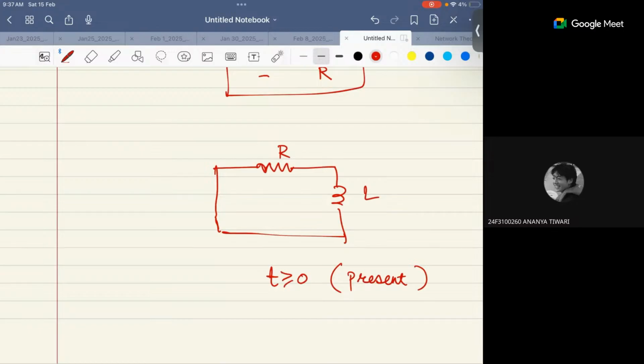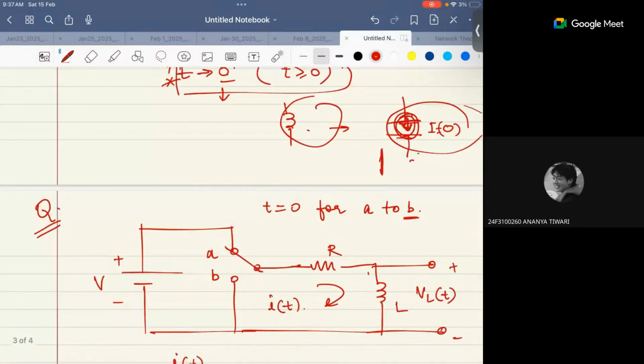Is it clear? Okay, I want to use the Laplace method. So how will I do it? I know there is some initial condition.